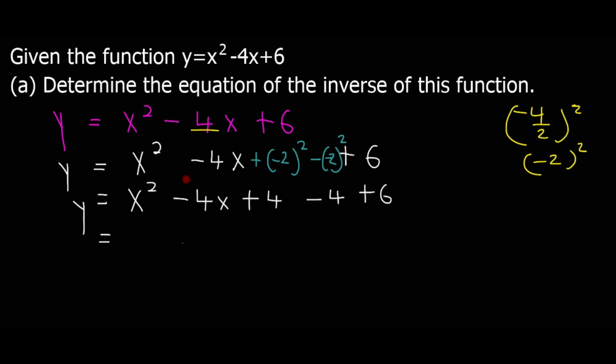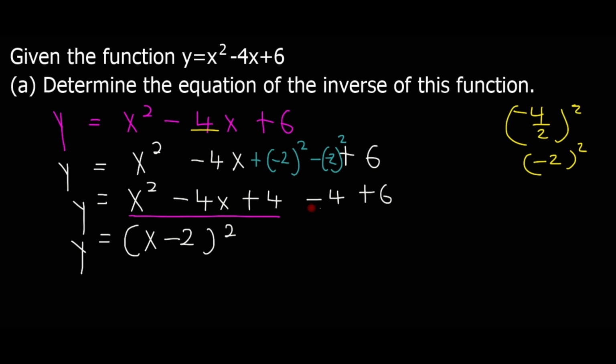But now I want to write in the form of a binomial. So we focus on these terms. Remember always we take this first sign, so here we have x minus, and then we take this number which is 2, and then all squared.